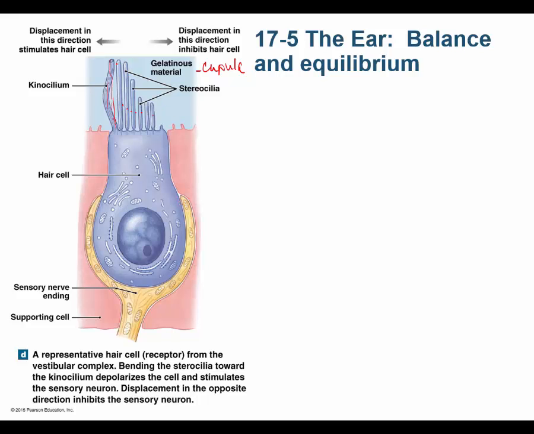If the stereocilia bend towards the kinocilium, the hair cell fires. If the stereocilia bend away from the kinocilium, the hair cell hyperpolarizes. So this kinocilium is important in as much as the stereocilia either bend towards it and this hair cell fires, or the stereocilia bend away from it and the hair cell is inhibited. All right, so that's where the kinocilium comes into play.